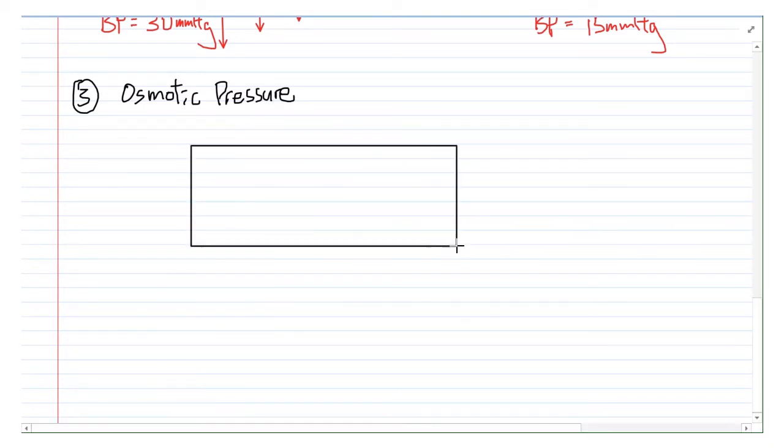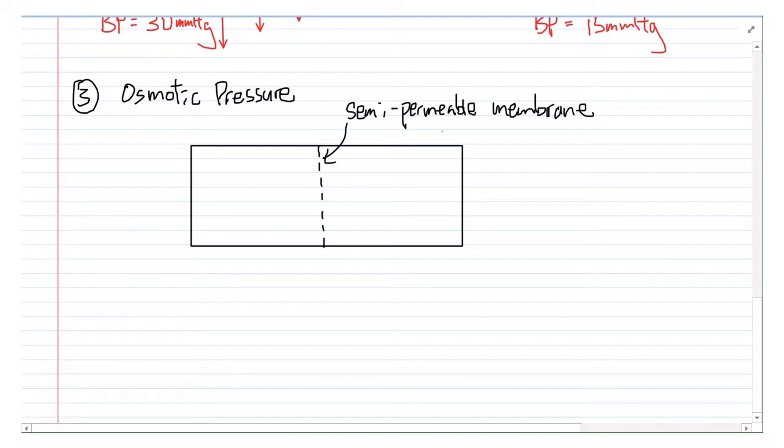And let's say I have two chambers, and they are going to be separated by a semi-permeable membrane, and this membrane is not very porous. The gaps are very small, so only water can pass through.